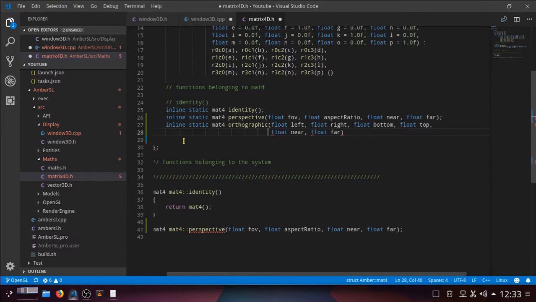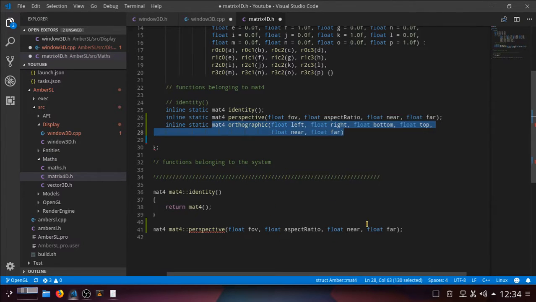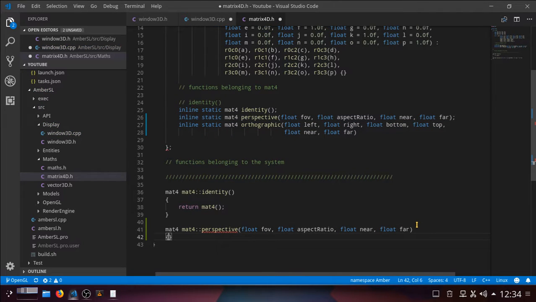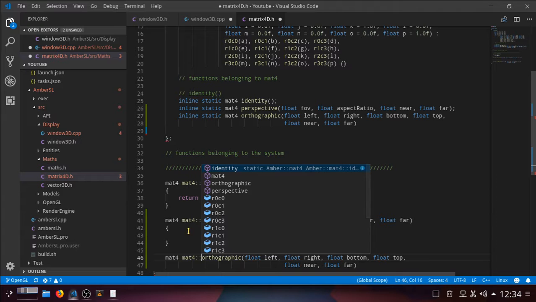There we go. Only need it from there. Put mat4 in front of that to make it a member. It's not system one.